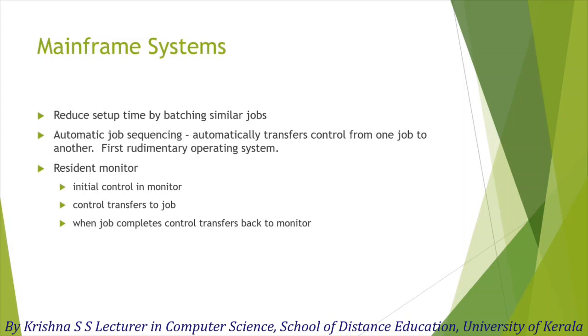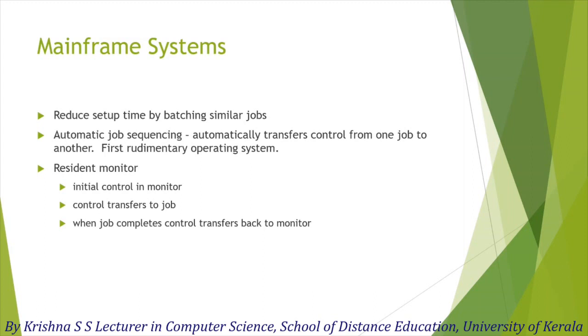In batch system, the operators batched together jobs with similar needs and ran them through the computer as a group. Thus, programmers would leave their programs with the operator. The operator would sort programs into batches with similar requirements, and as the computer became available, they would run each batch.